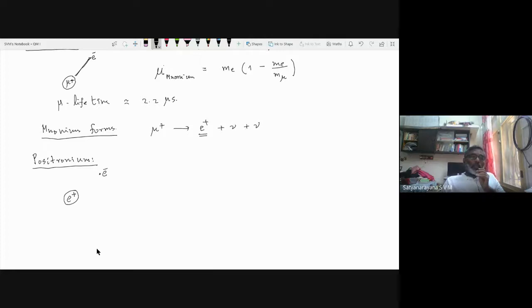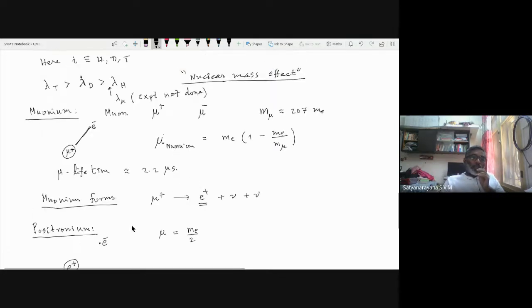So an electron-positron bound pair. Okay, so this is called positronium. So in this case, you will see that mu is equal to half of the electron mass, because the mass of the electron and the mass of the positron are the same.